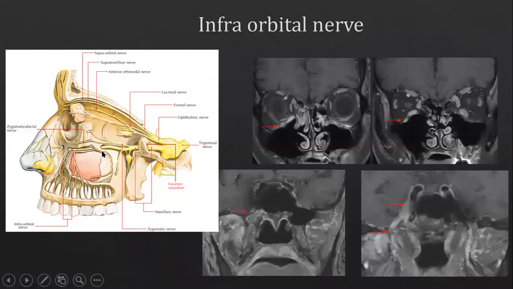And one of the most important nerves we talk about is this infraorbital nerve, and we saw it last week when it was involved with the fractures of the floor of the orbit. This infraorbital nerve is a continuation of the maxillary nerve as it enters into the inferior orbital fissure and supplies the front of the face.